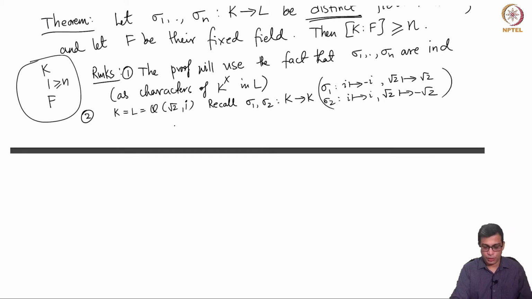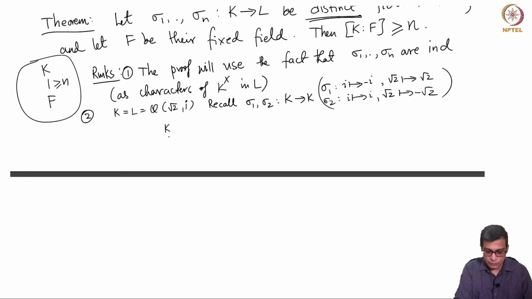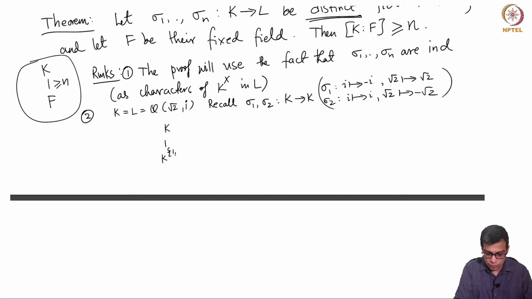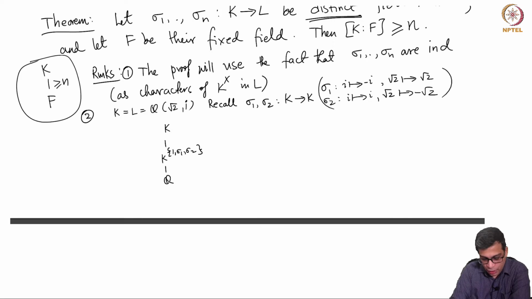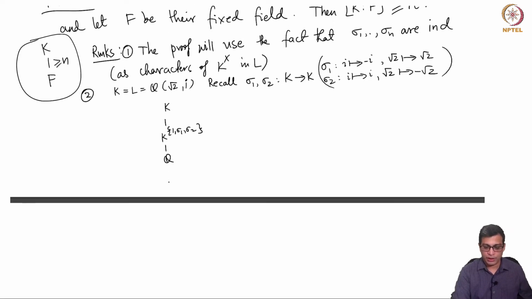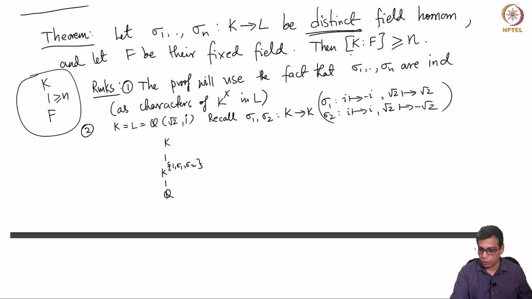Then if you think about the fixed field of the set 1, sigma 1, sigma 2, I claim this is a subfield and of course it contains Q. Now by the theorem that we are going to prove, its degree is at least 3, because there are 3 distinct homomorphisms: 1, sigma 1, sigma 2.